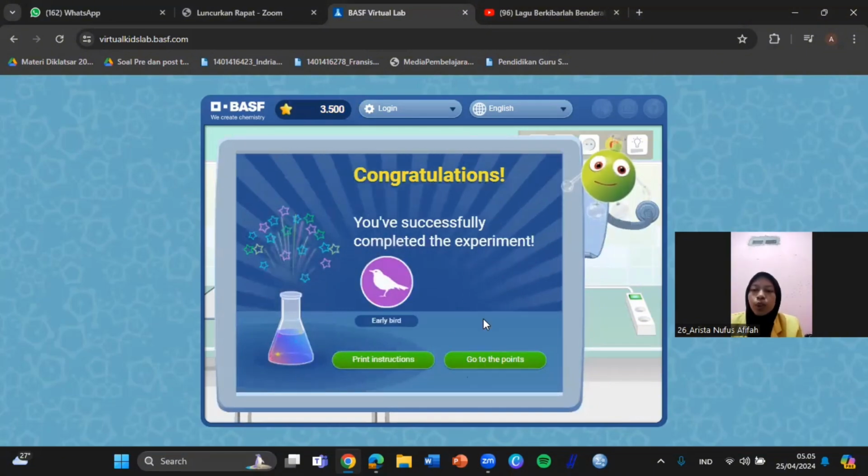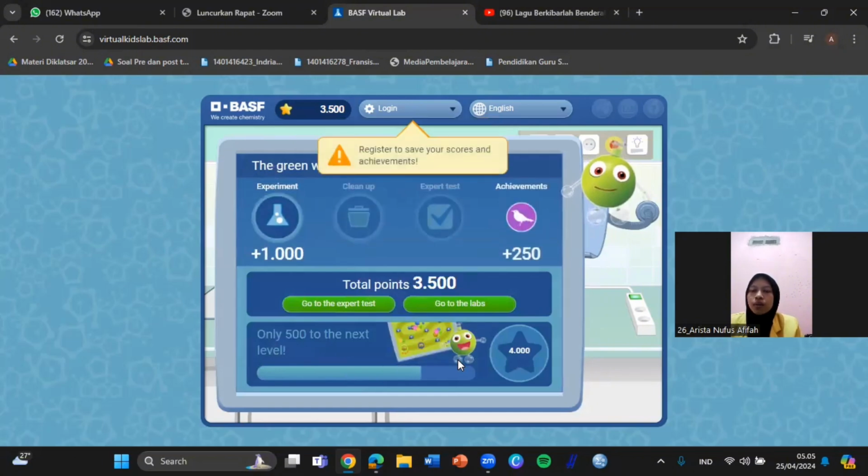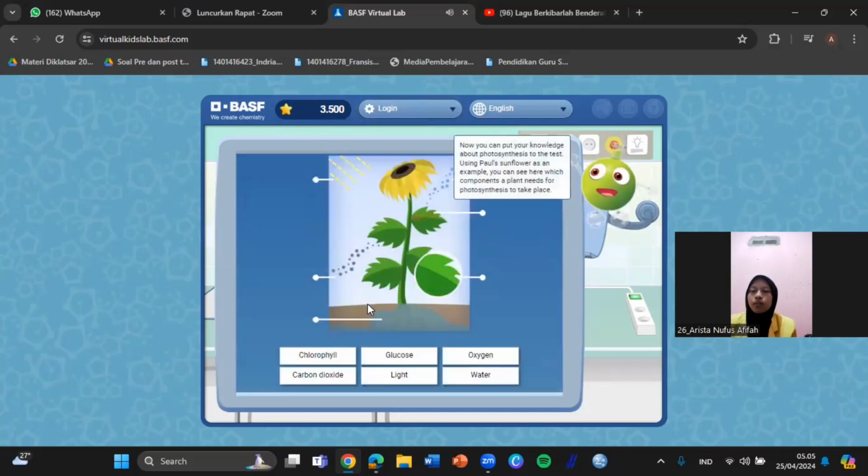After we practice the photosynthesis process, you can see the points. And we can go to the experts test. Now you can put your knowledge about photosynthesis to the test. Using Paul's sunflower as an example, you can see here which components a plant needs for photosynthesis to take place. But what kinds of components are they?